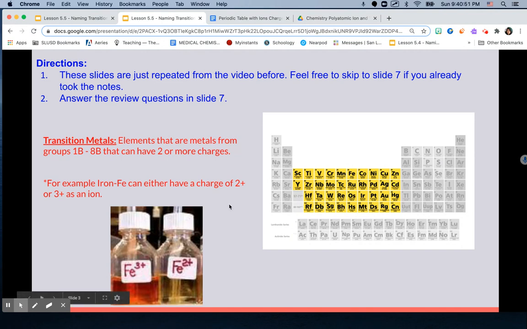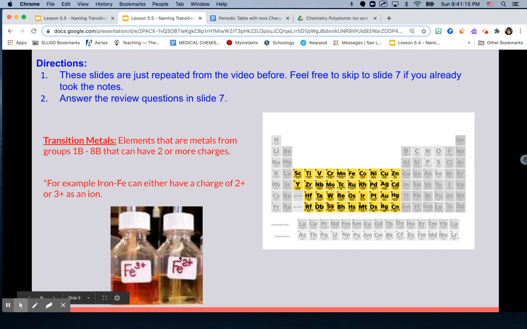And that's because iron, which is a transition metal, sometimes has a charge of 2 plus or sometimes 3 plus. So if you see that reddish rust color, you're looking at iron with a 3 plus charge. If you're looking at rust that has a yellowish brownish color, you're looking at iron with a 2 plus charge, right?